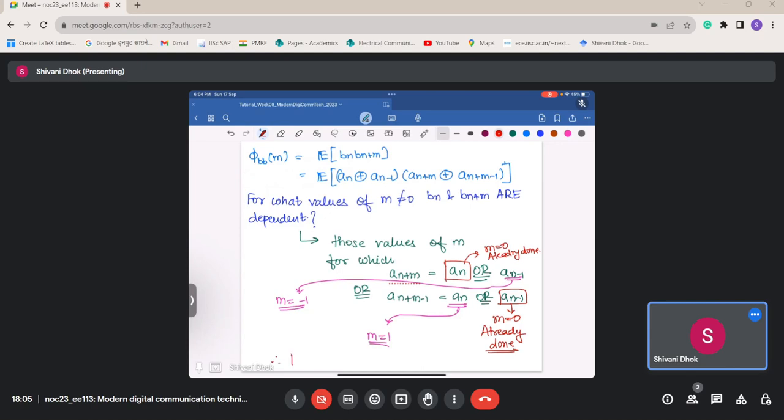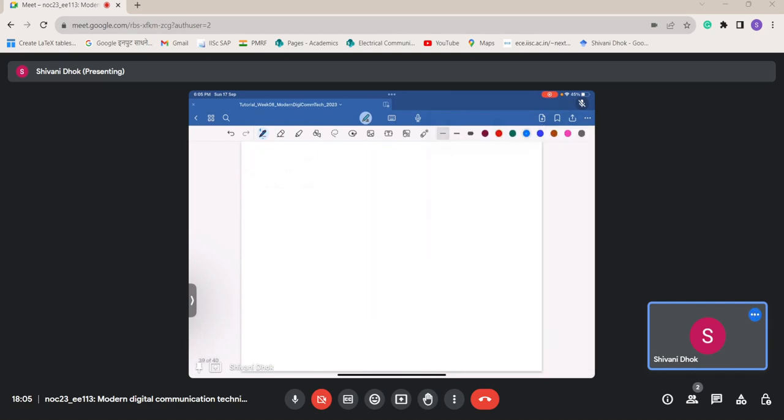Therefore, for m equal to plus minus 1, bn and bn plus m are dependent. Okay, so now what we will do is, for all m which does not belong to 0, 1 and minus 1, bn and bn plus m are independent.